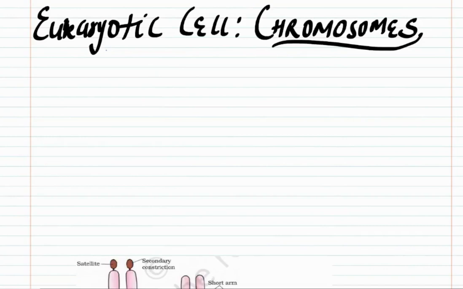In the previous video, we had discussed about nucleus. In this video, we are going to discuss about chromosomes. Now, during the time of cell division, the chromatin material gets condensed to form chromosomes.